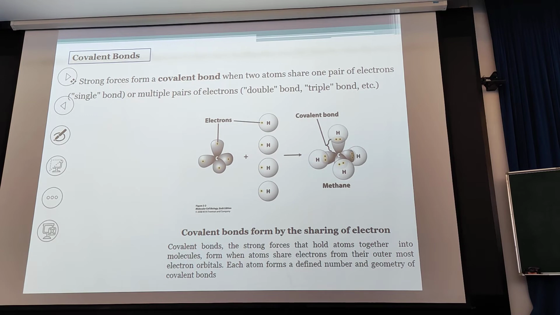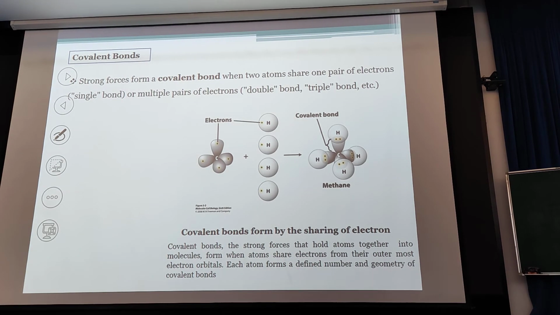The first type of bond is the covalent bond. There are strong forces between the atoms. Covalent bonds form when two atoms share one pair or multiple pairs of electrons.